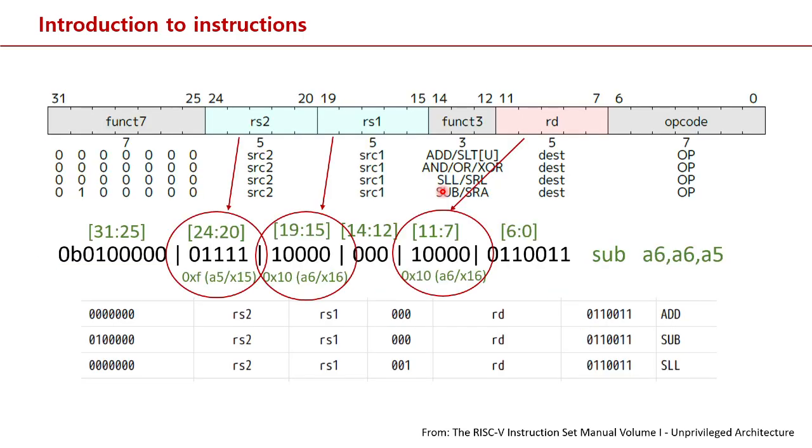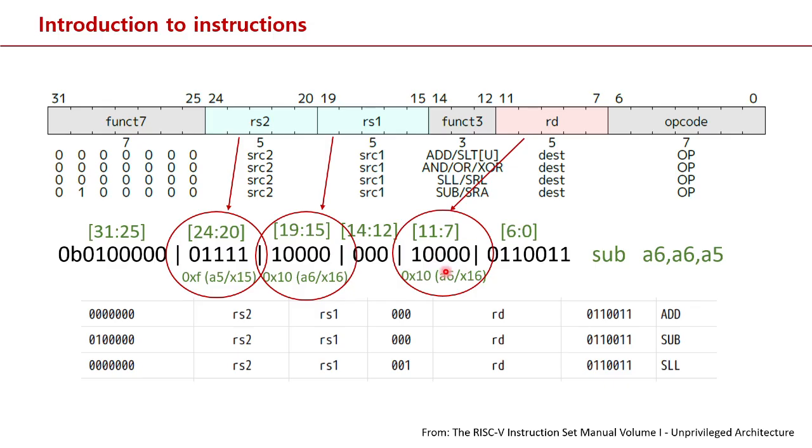The next important thing you have to do is to identify the destination register, the first source register, and the second source register. As for the destination register, we need to check the value in the 7th to 11th bit position. As you can see inside this bit field, the value 1, 0, 0, 0, 0 can be identified.